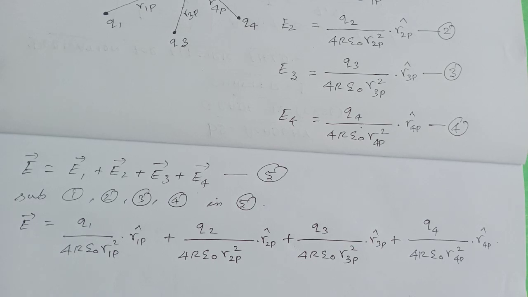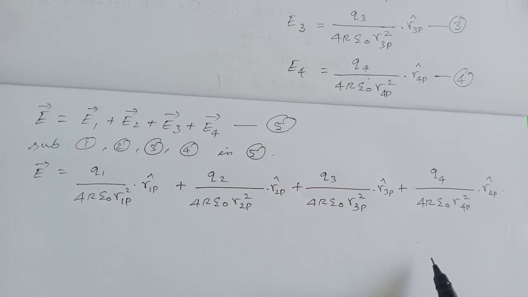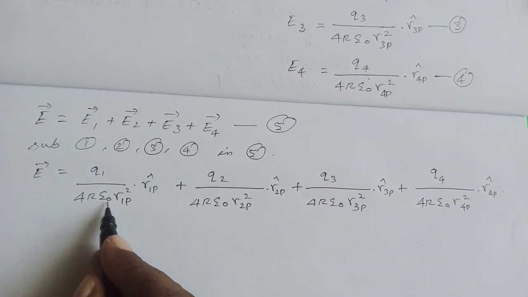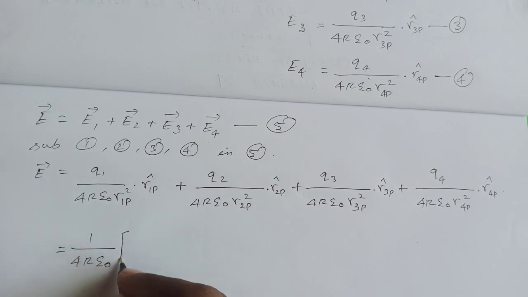Now we have to simplify this. We can take out the common terms. What are the common terms? 4 pi epsilon naught is the common term, so we can take it out, that is 1 by 4 pi epsilon naught. What will be the remaining thing inside the bracket?